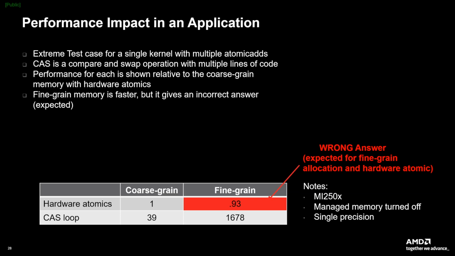And so what we would prefer is to have coarse-grained memory with hardware atomics, and that's going to give us the best performance and the correct answer. Compare and swap loops are going to be a little bit slower, and it will vary a lot on your application what the relative numbers are here, but we can see that it can be a couple of orders of magnitude slower when you're using a compare and swap loop.